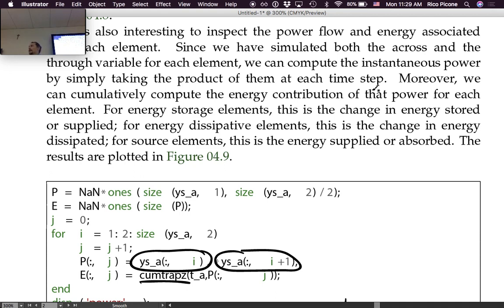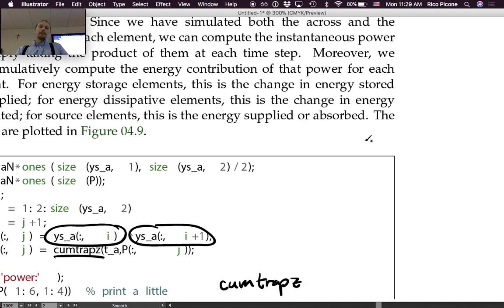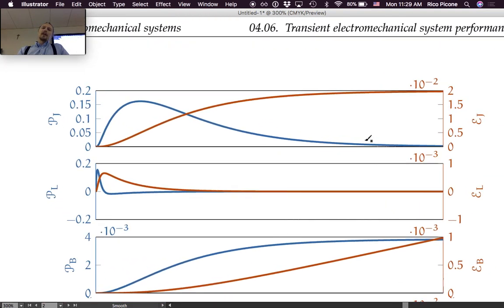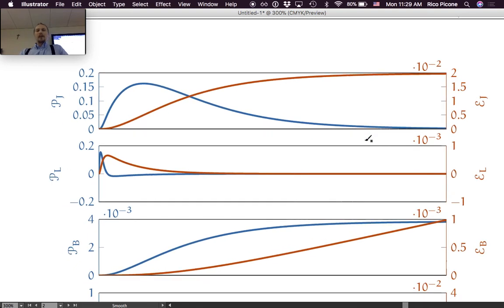A source can technically absorb energy as well as supply energy, so when we look at that, we have to keep that in mind. And for an ideal transducer element, we are thinking about how much energy is flowing through it, right? Okay, so let's look at the resulting graphs, which are also pretty badass.